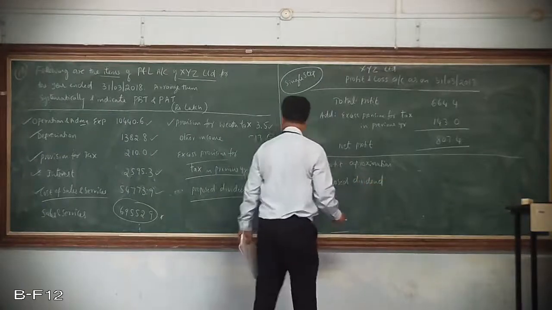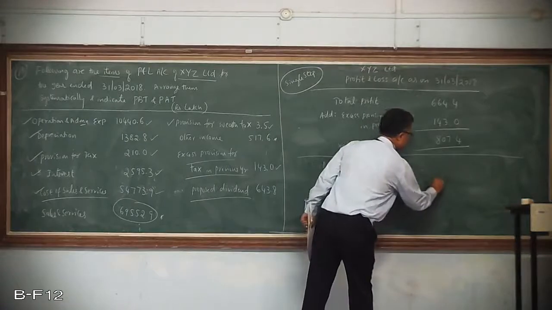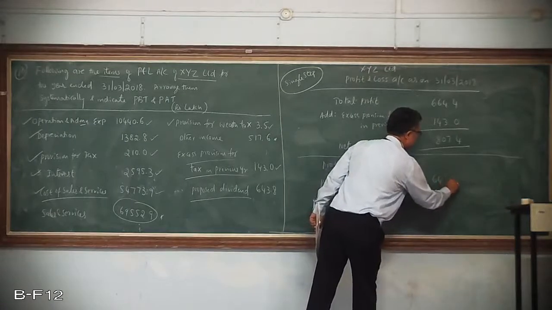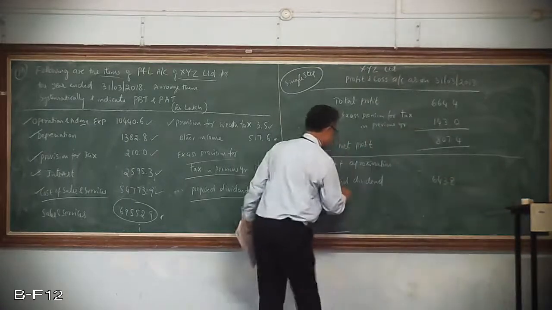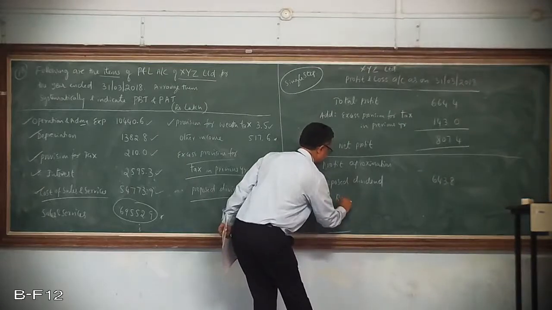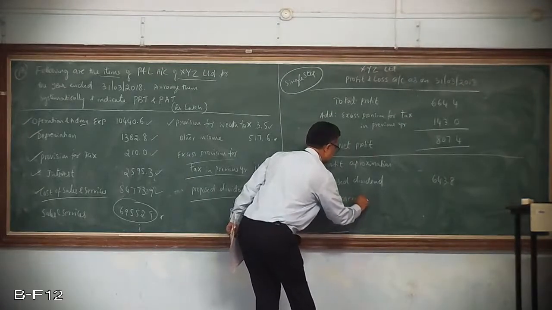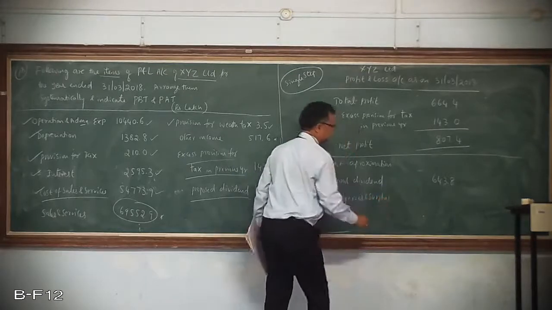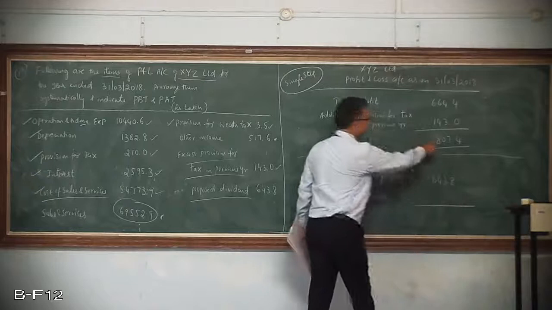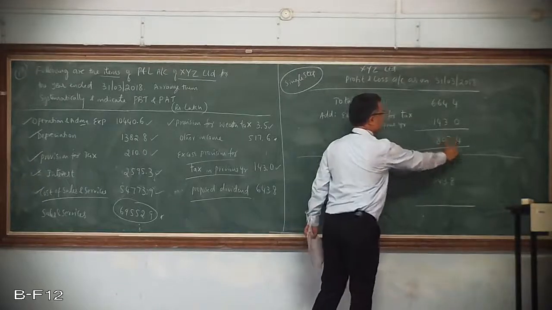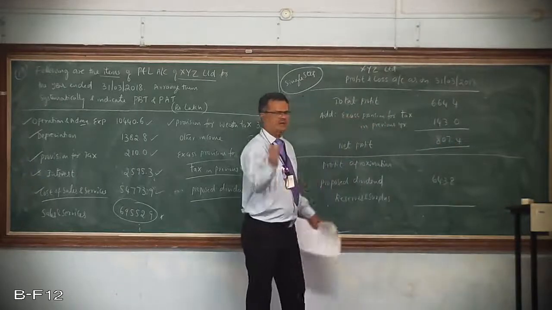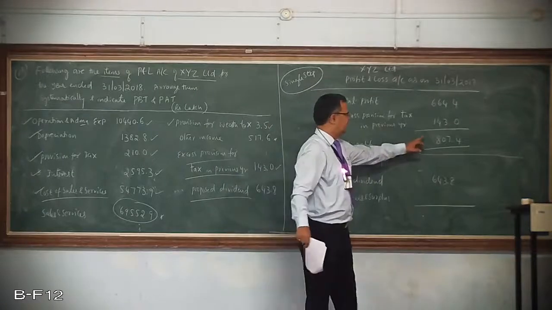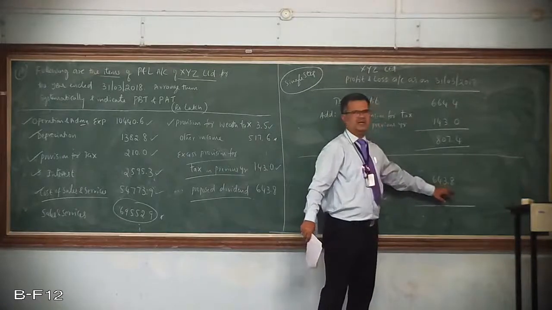It is 643.8 lakhs. Now we can check out the reserves and surplus. So in the net profit, it is proposed to give a dividend of 643.8.